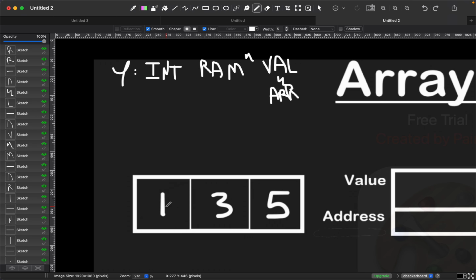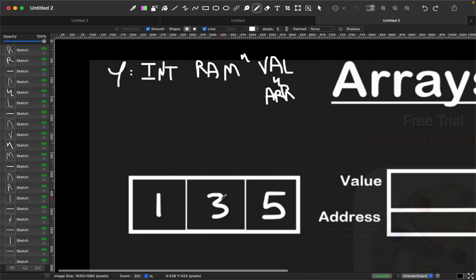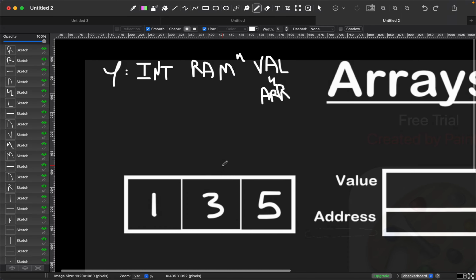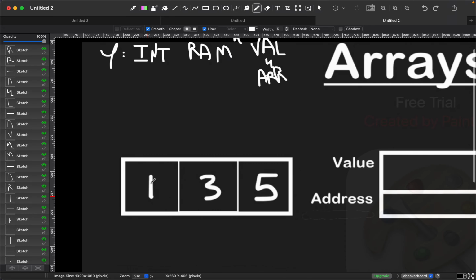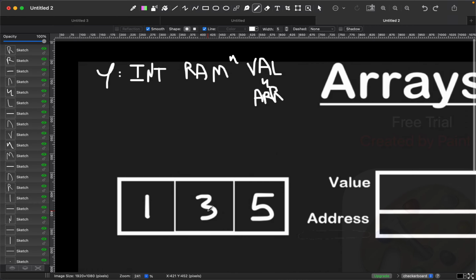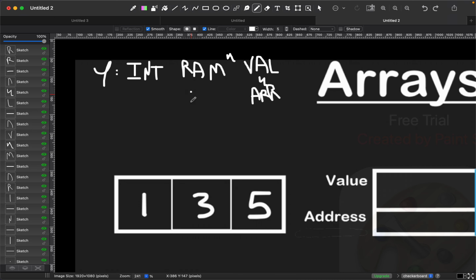You can talk about the 135 A, B, C. So how are we gonna communicate this 135? We have these values, so how does it get placed in the RAM, and how is the RAM gonna dictate what item this is?